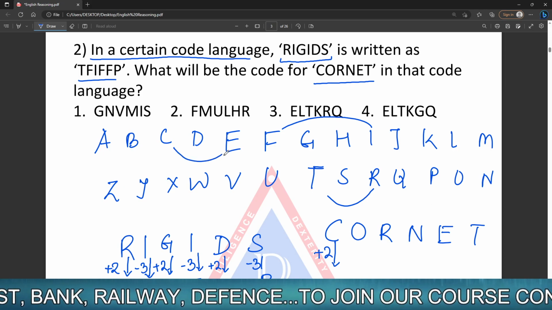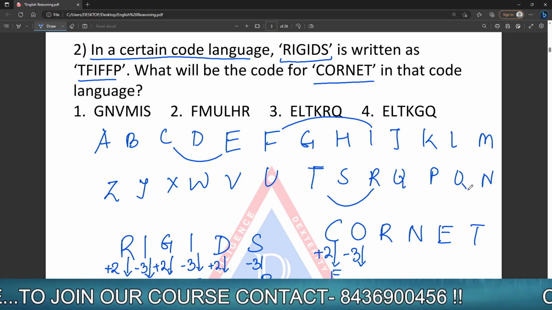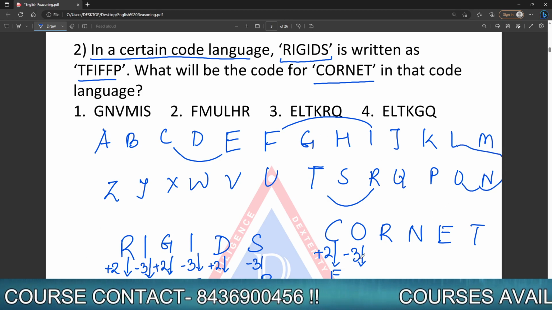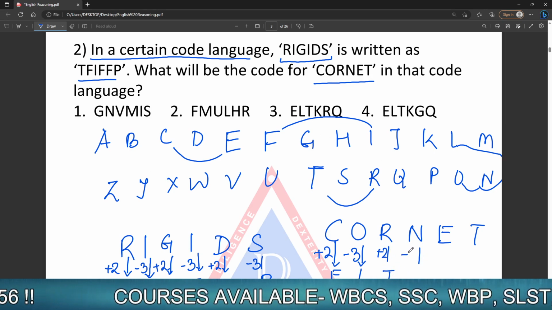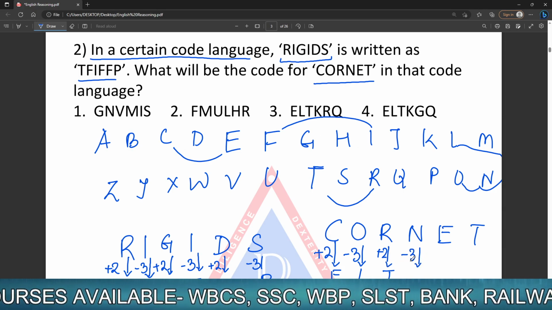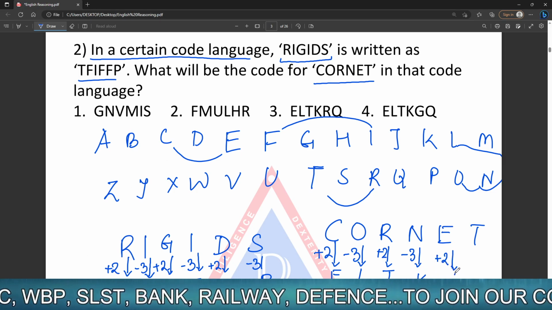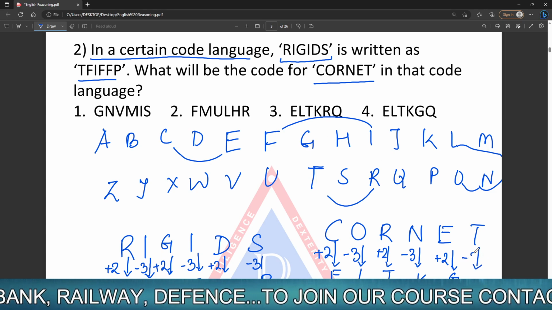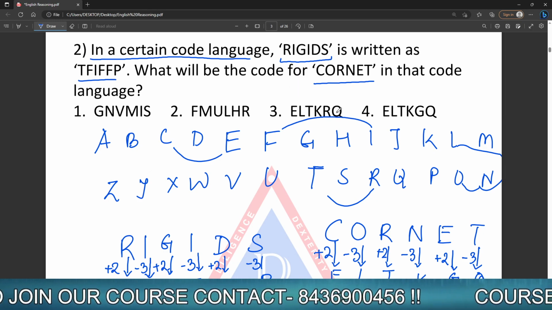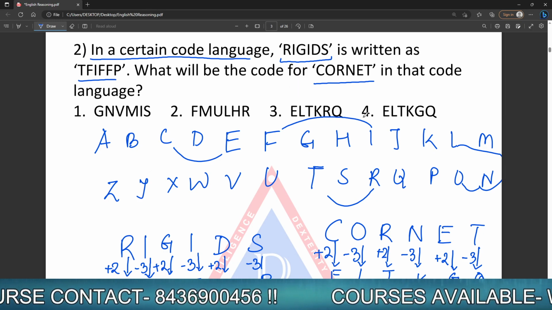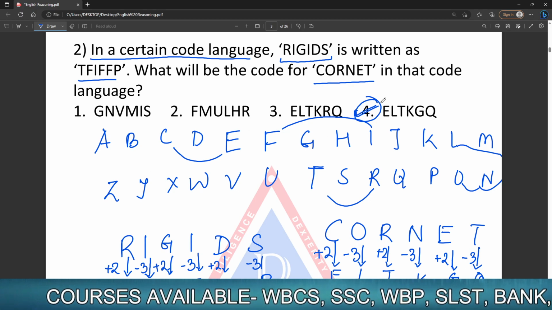So C +2, that is E. O -3 is 1, 2 and 3, that is L. Then R +2 is T. N -3 is K. E +2 is G, and T -3 is Q. So the answer is EL, TK, GQ. So where is the option given? EL, T, K, G and Q. So the answer for this question is option number 4. Okay, let's go to the next question.